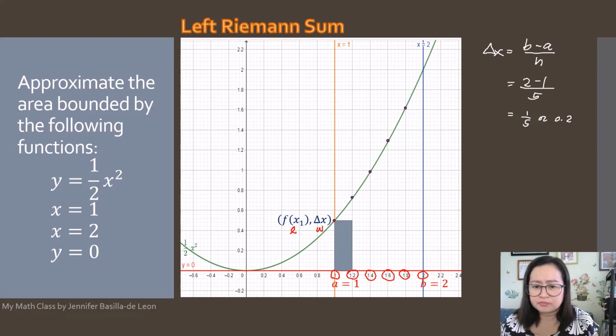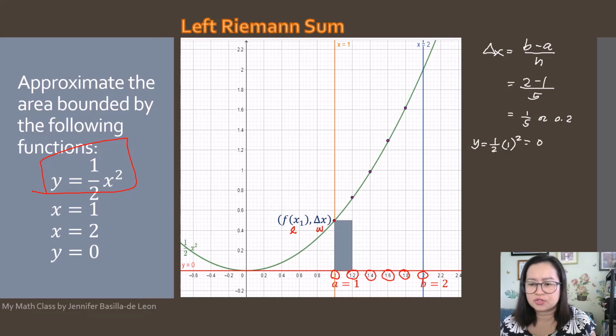Now we can evaluate this function in order to get the length of the first rectangle. So evaluating, we will have 1/2 of 1 squared, that is equal to 0.5.